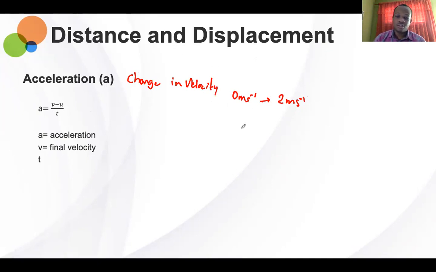If we are at 2 meters per second and we go down to 0 meters per second, what would you do in this case? Somebody want to give that a try? If we accelerate here, what would you do here? 2 to 0.